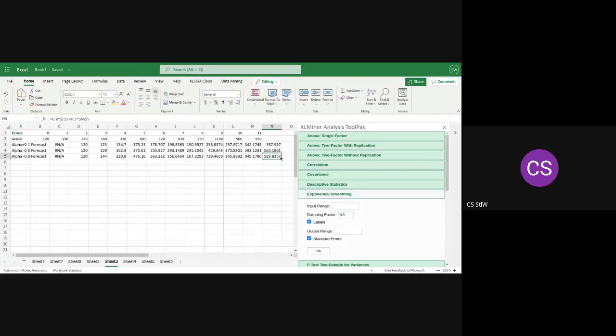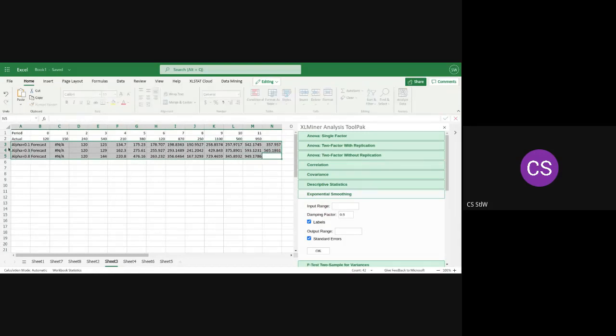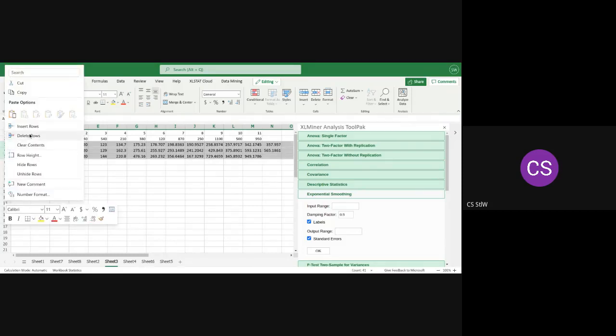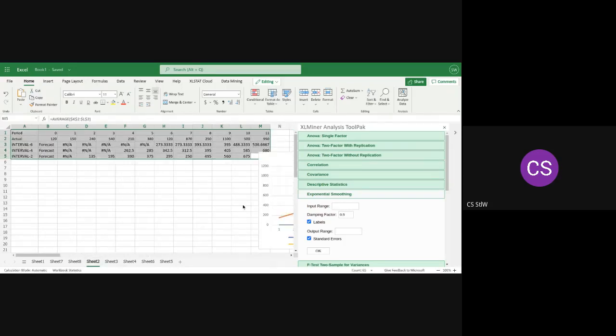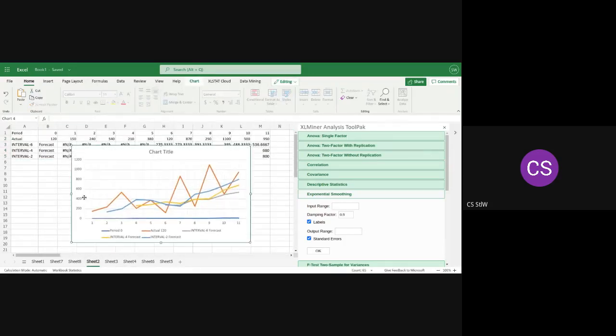So remember, if you want to add a chart title, you see, my charts are not entitled, and for this, it would have been better if I'm affecting this chart to at least have a heading, the chart title.